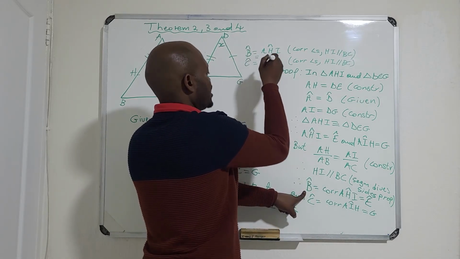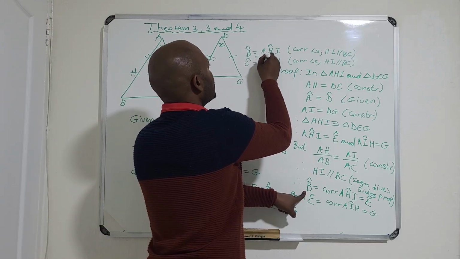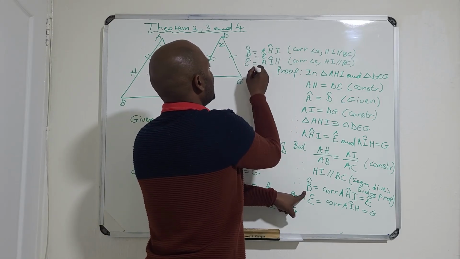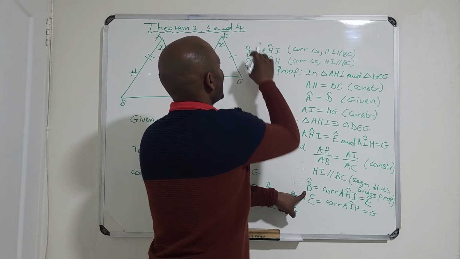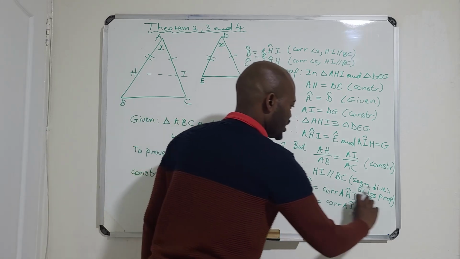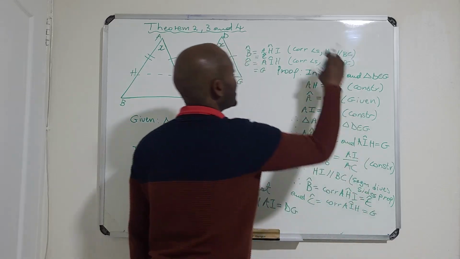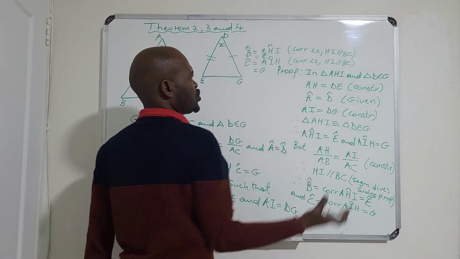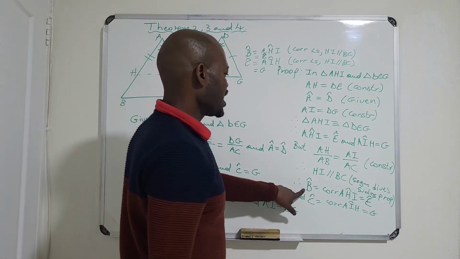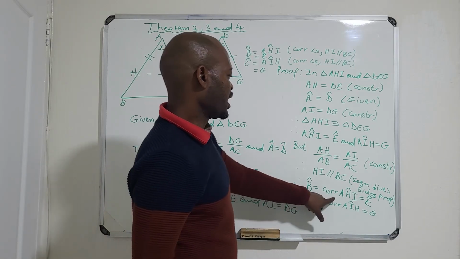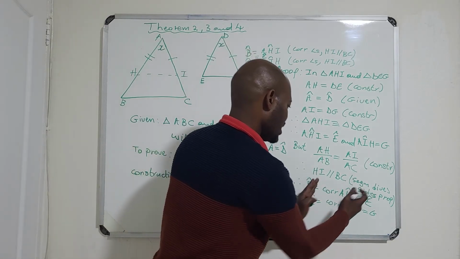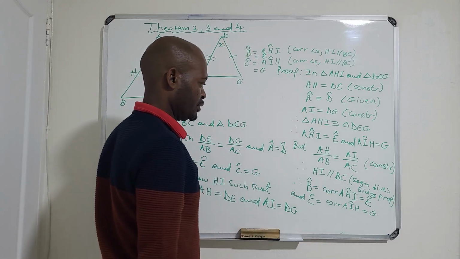here we could have said this is equal to angle E. We could have also said this is equal to angle G. If we wanted, we could have written this in the way that we are used to writing it. But this is another way that we can write corresponding angles, by giving the reason with the angle.